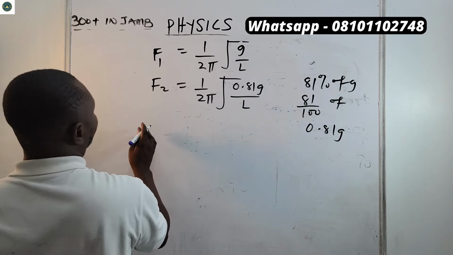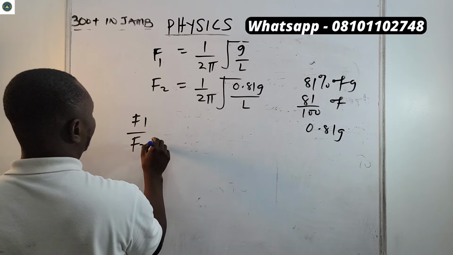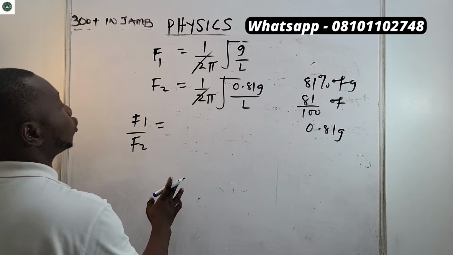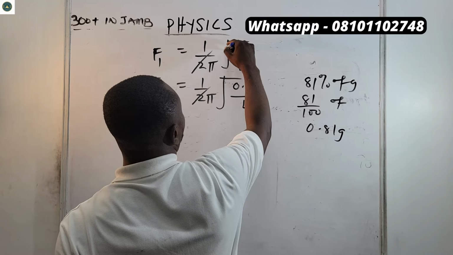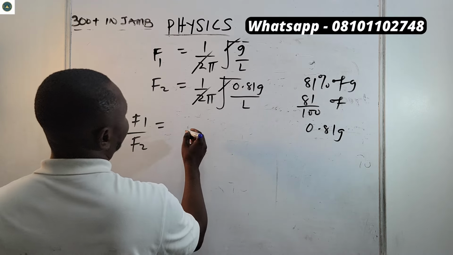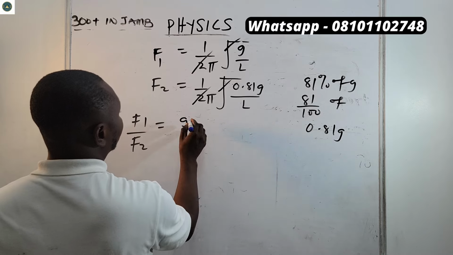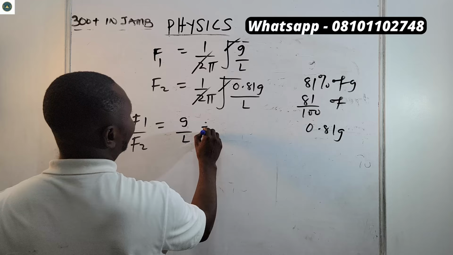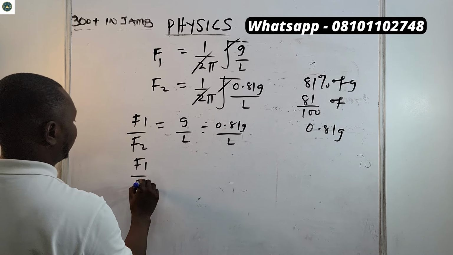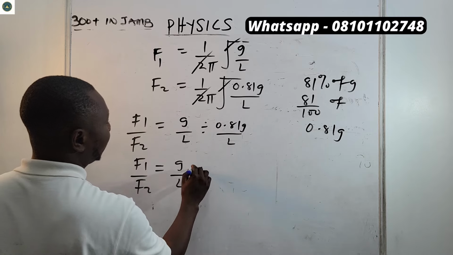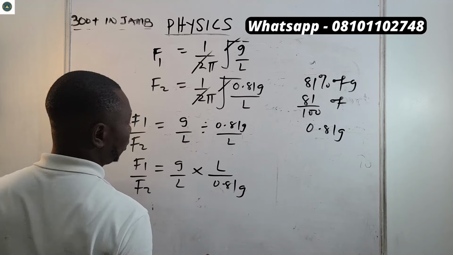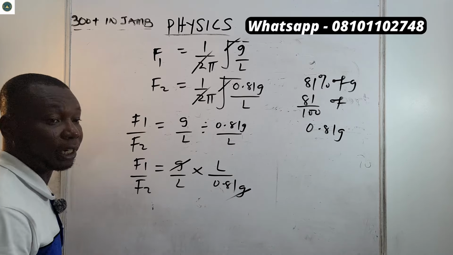So let's divide. If you say F1 over F2 is equal to this, we cancel out. 1 over 2 pi, 1 over 2 pi, they all cancel out. Then square root will also cancel square root. What do we have left? We have G over L divided by 0.81 G over L. So F1 over F2 is equal to G over L times L over 0.81 G. So what do you observe now? G will cancel G. I'm trying to break it down now.